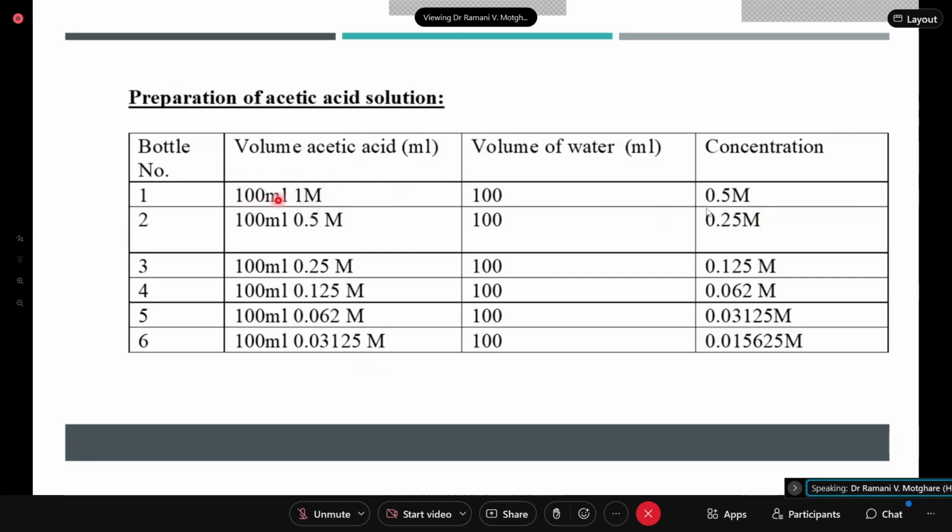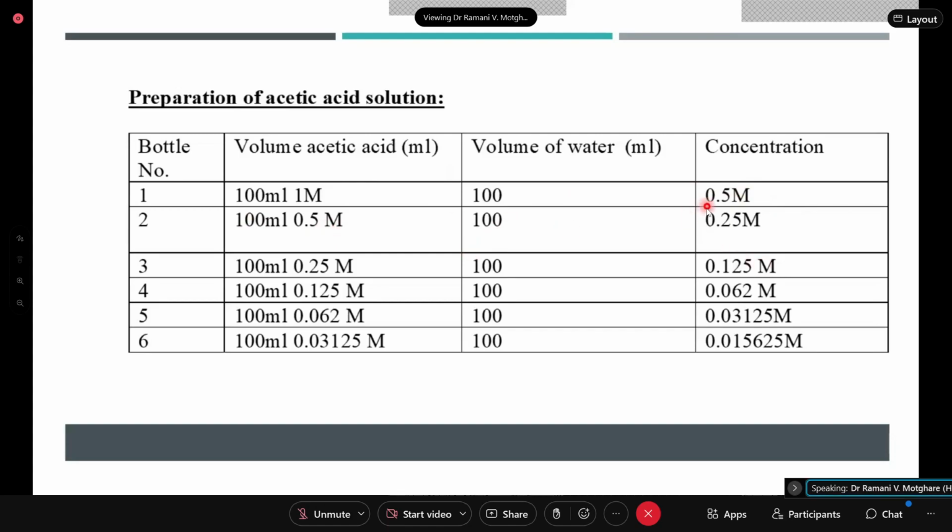If you take 100 ml of 1 molar acetic acid and add 100 ml of water, you get a solution which is 0.5 molar in concentration. Then the total quantity will be 200 ml. So from that 200 ml, you take 100 ml of 0.5 molar and add 100 ml water.